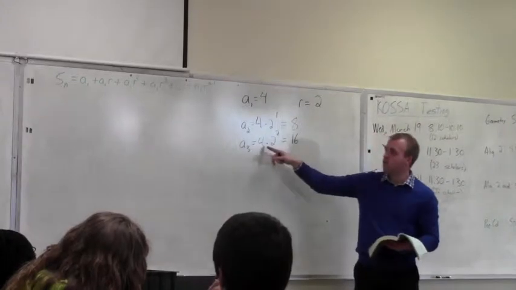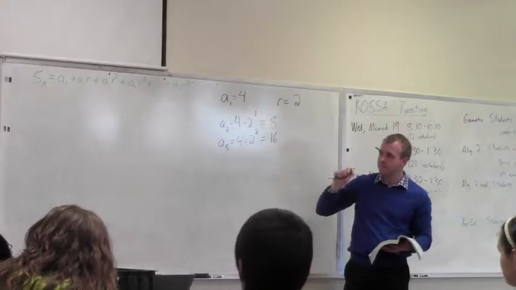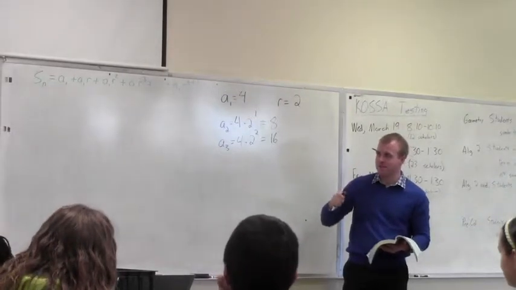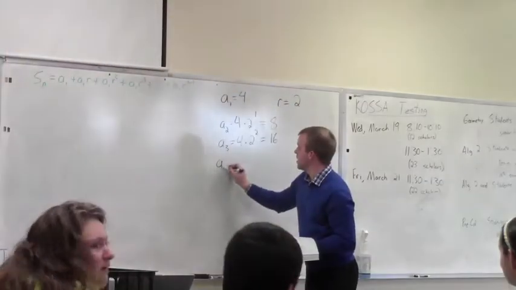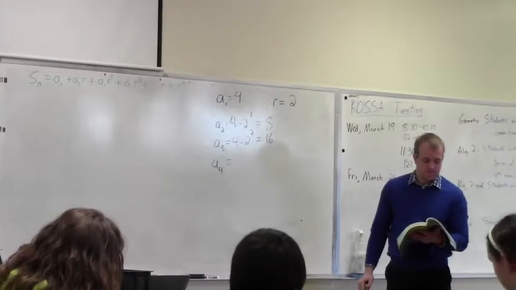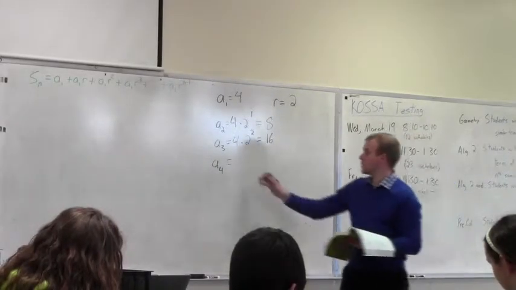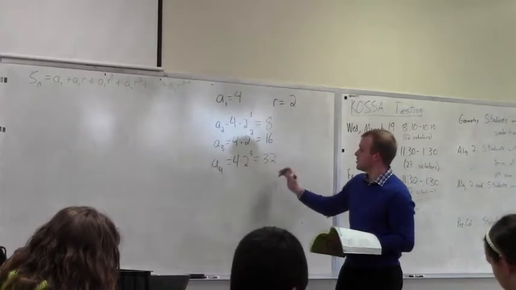Alright, so 4 times 2 squared, 16. Alright, A to the 4th, Sam. A 3 goes in the blank, right? So 4 times 2 cubed is 32.